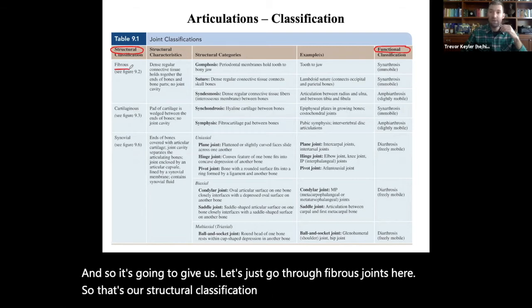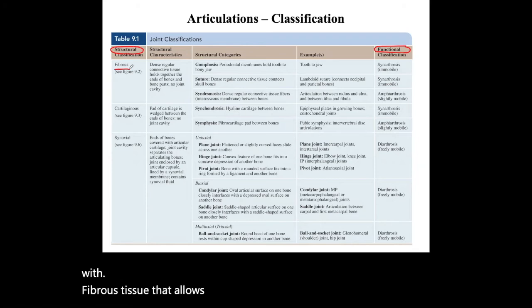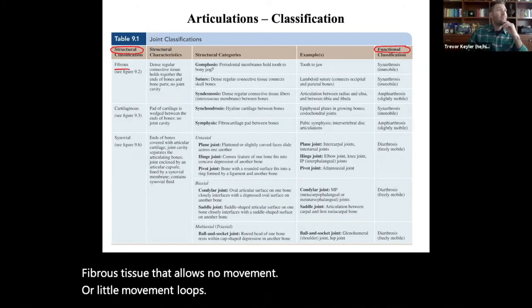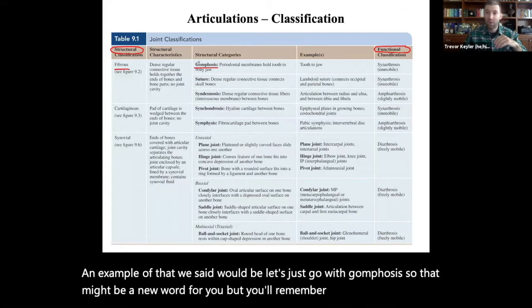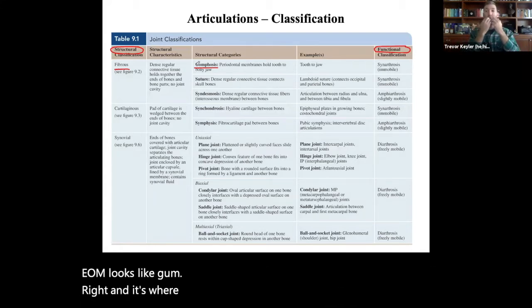The fibrous joints, they're tied together with fibrous tissue that allows no movement or little movement. And an example of that we said would be, well, let's just go with gomphosis. So that might be a new word for you, but you'll remember it because gom looks like gum, right? And it's where your teeth are within the gum, within that socket within your jaws.